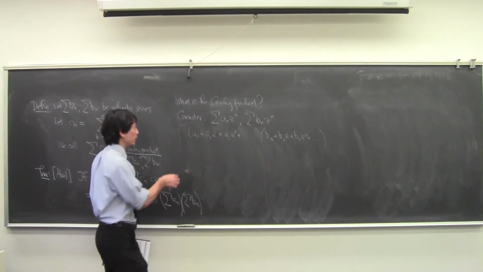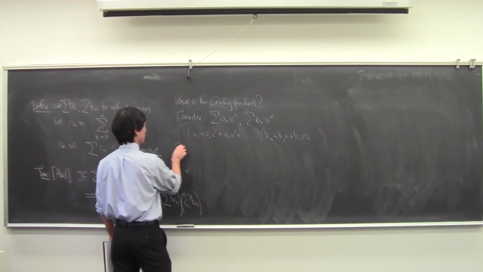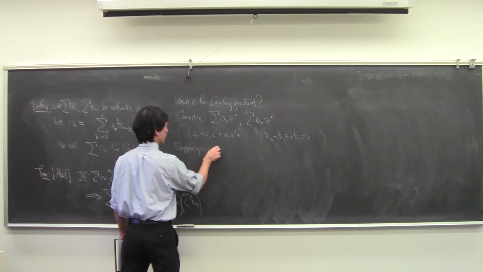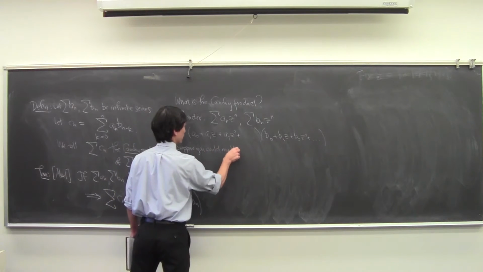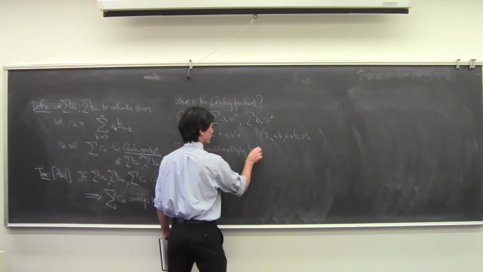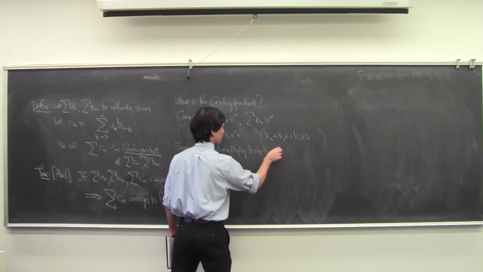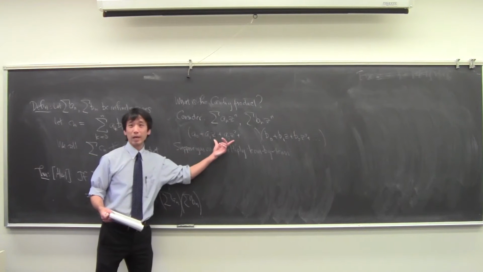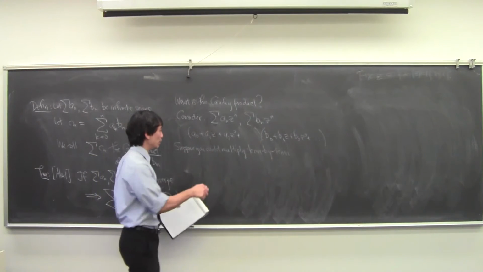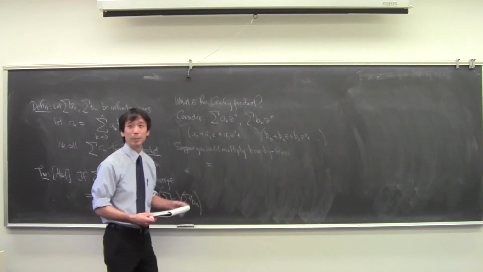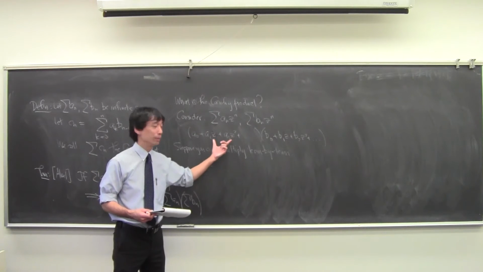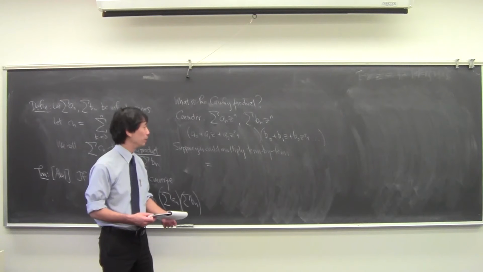And suppose you could multiply term by term. You have this infinite thing, and you just multiply it out as if it were a polynomial, as if you had two polynomials. They just happen to be infinite polynomials.